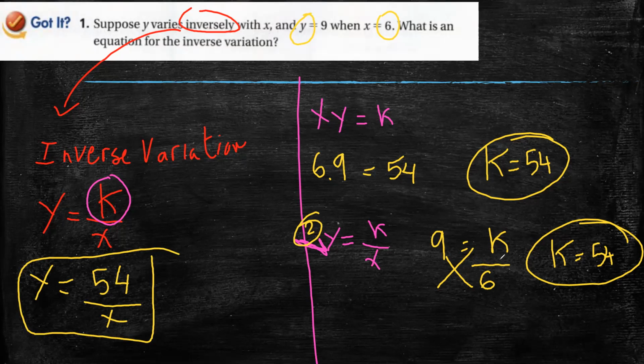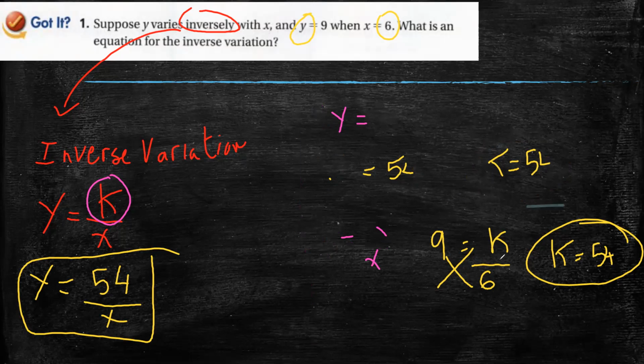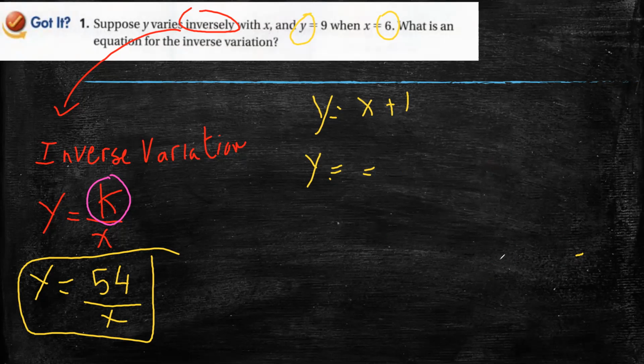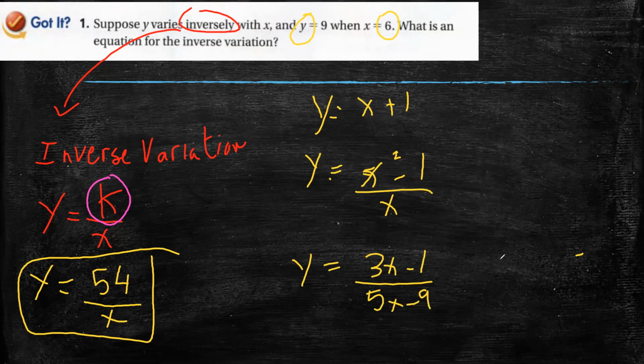And teacher, I will not write what y and x are in the final equation. No, yes, because in the equation, anytime you see any equation in real life, it is like y equals x plus 1, or y equals x squared minus 1 over x, or y is 3x minus 1 over 5x minus 9 as an example.